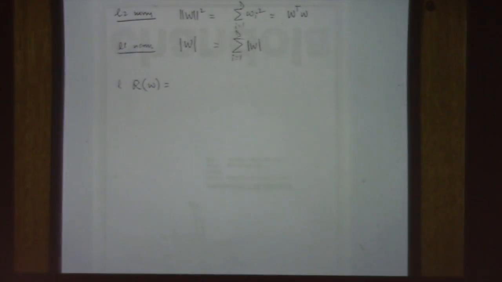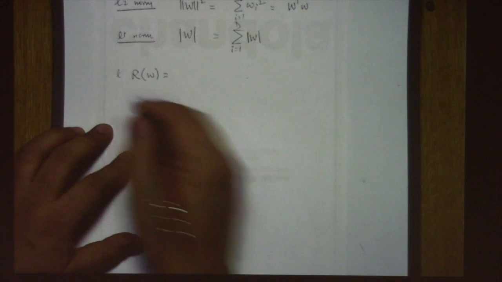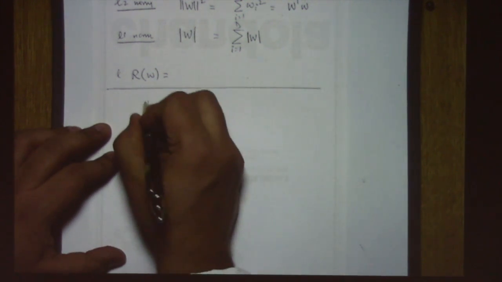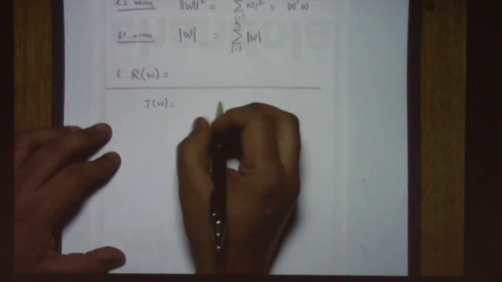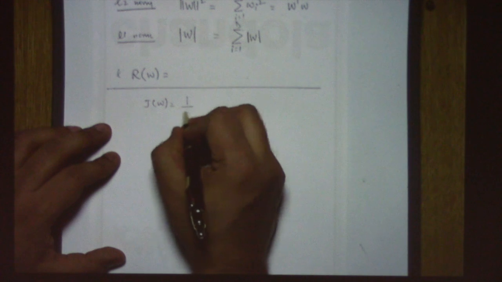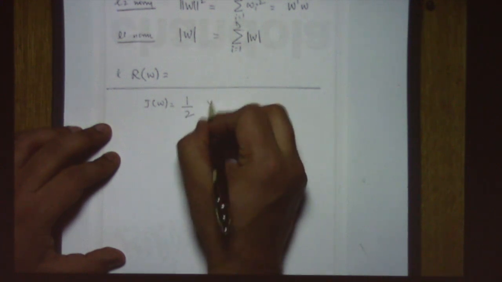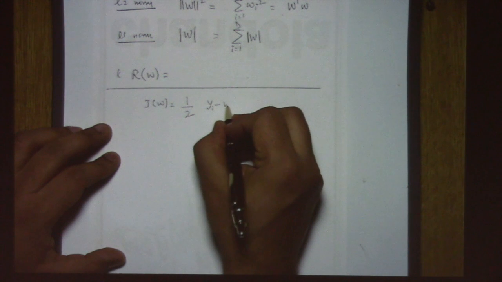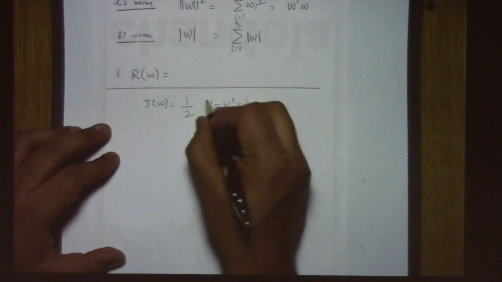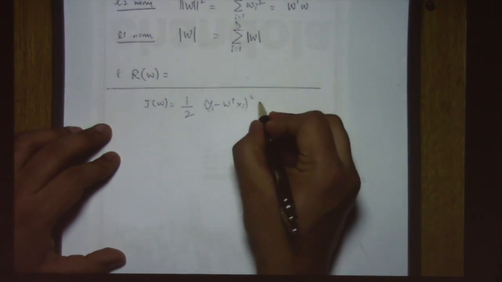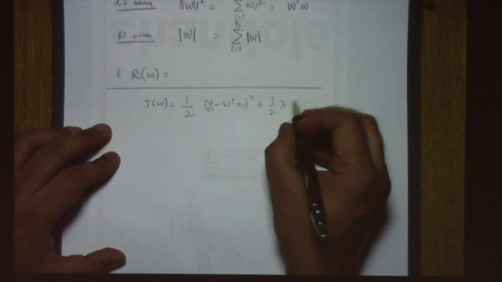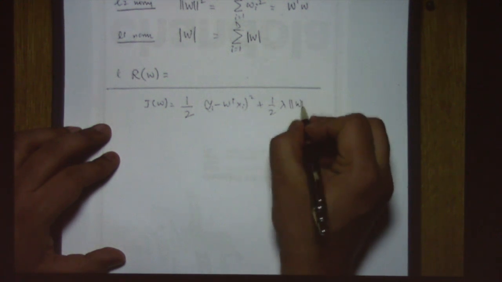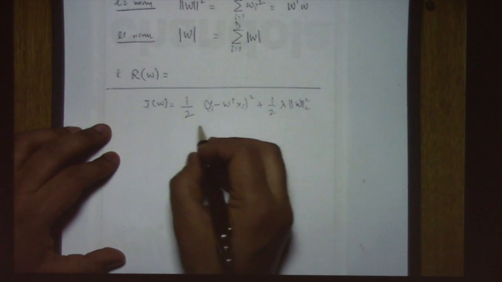So now what we are going to do is derive the best W for that loss function. For ridge regression, our J(W) looks like this: one half times the sum of (yi minus W transpose xi) squared, plus half lambda times the norm of W squared.